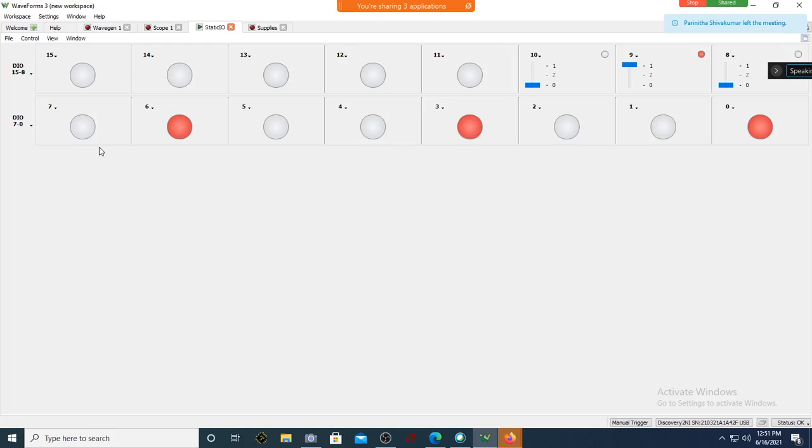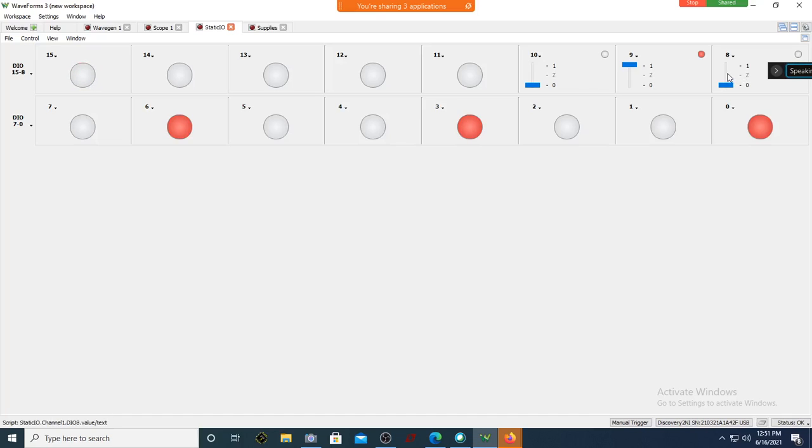Compare the value you expected with what you're getting. Is it the same? Can you see it is blinking all the time? Blinking means the EOC keeps happening, because you are giving the start conversion repeatedly, using the clock, using that pulse.